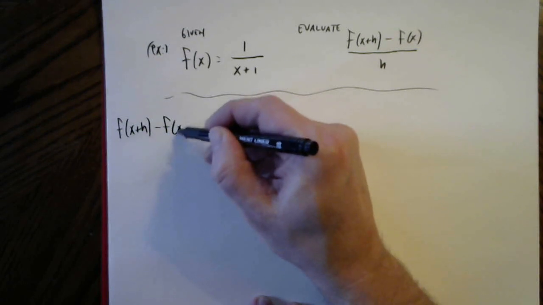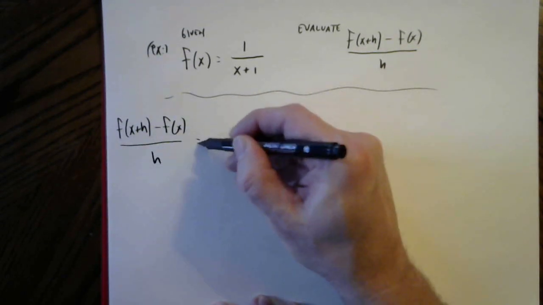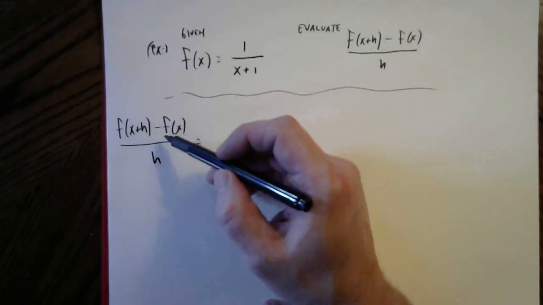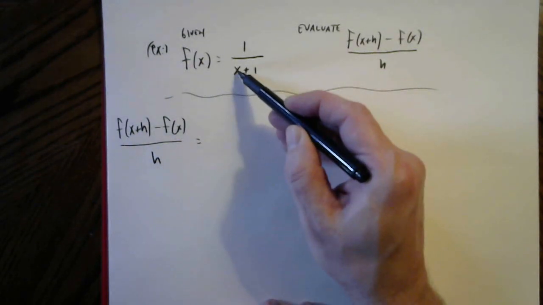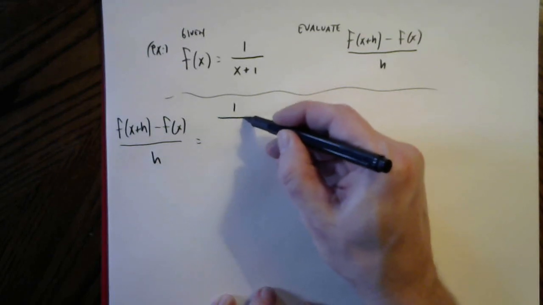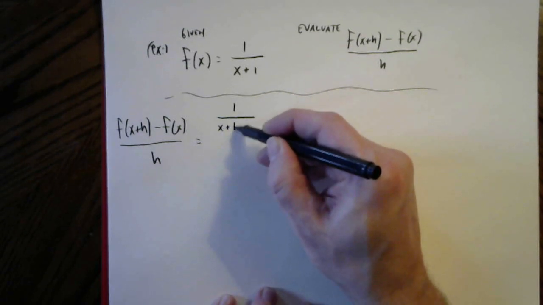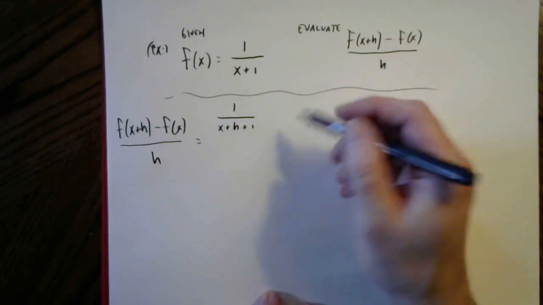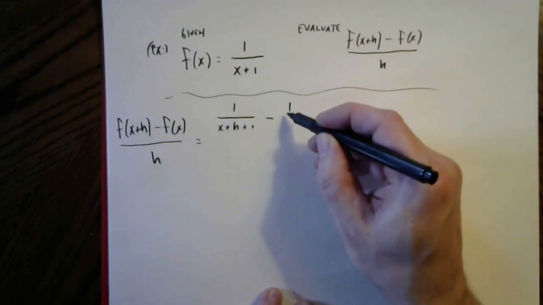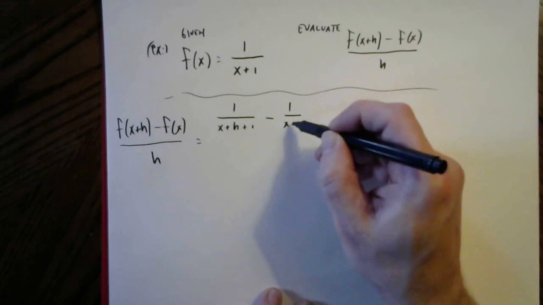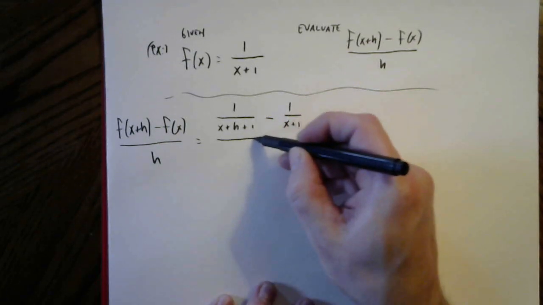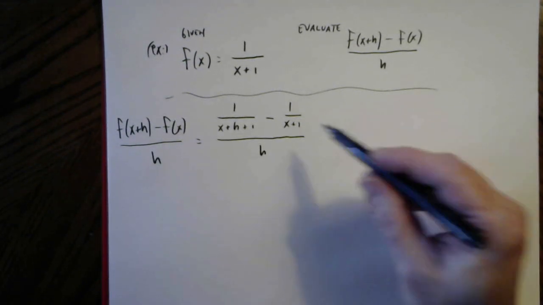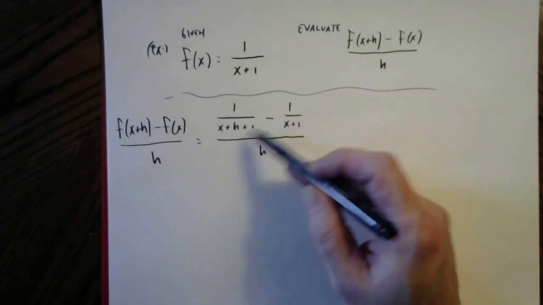Here's my solution. My difference quotient equals, and again, here's the focus: what is the function when I put x plus h in as the input? x plus h plus 1. I could have parentheses around that, but there's no need. Minus f of x over h. So it doesn't look too bad, but now you've got this kind of mess up here.